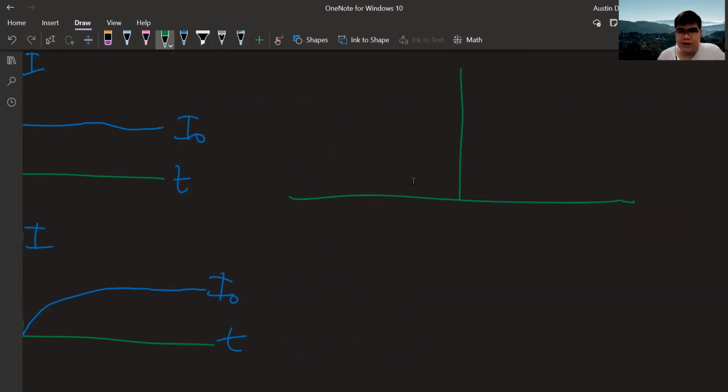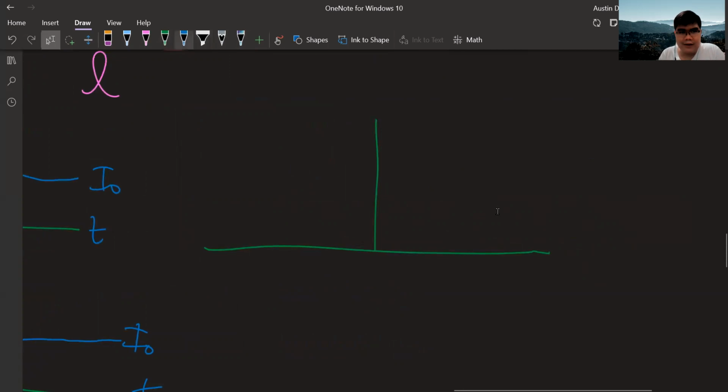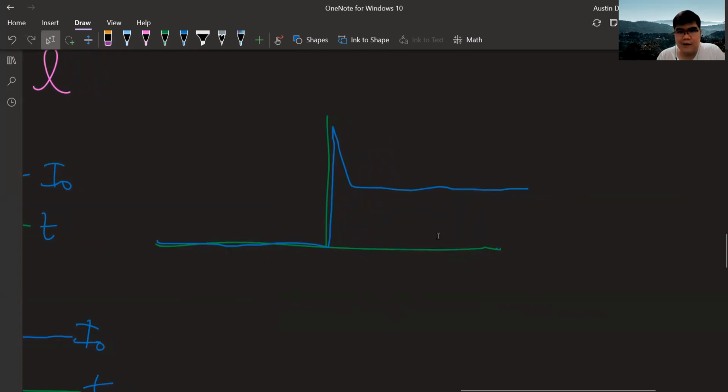Sinaksak mo and then nag-spike, kumislap. So, nag-spike yung current kasi kumislap na, hindi natin alam kung bakit.